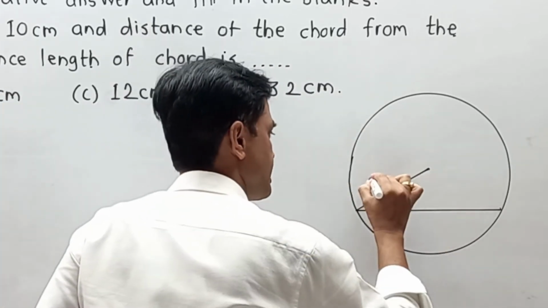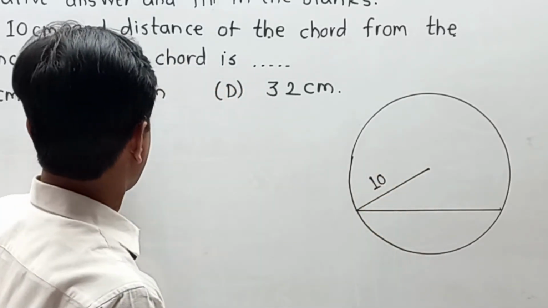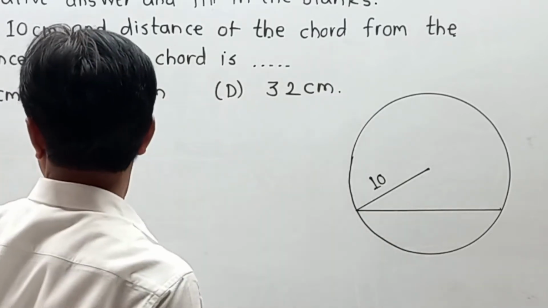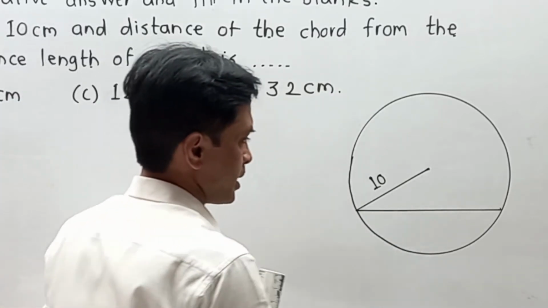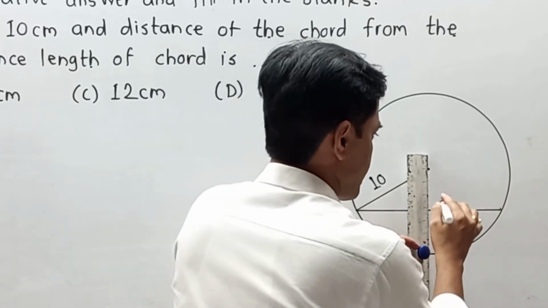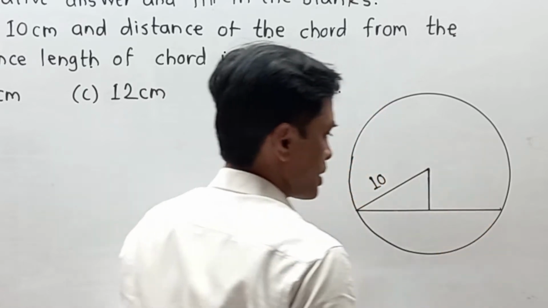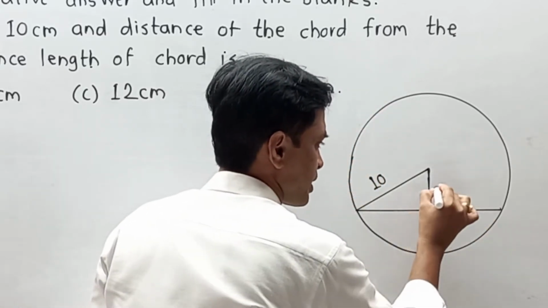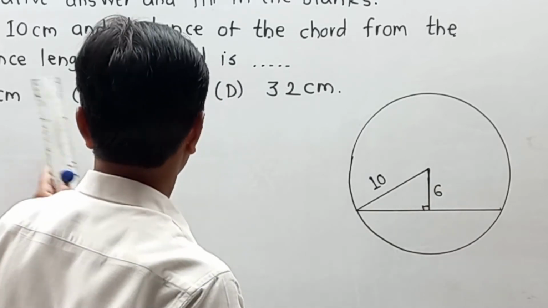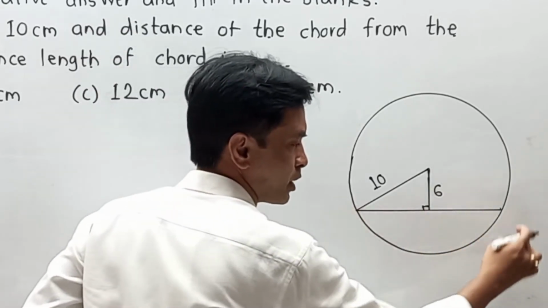The distance of the chord from the center means the perpendicular distance, and this distance is 6 centimeter. Then we have to find the length of the chord.